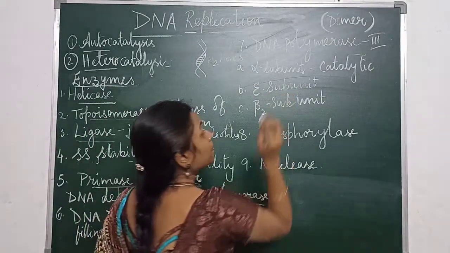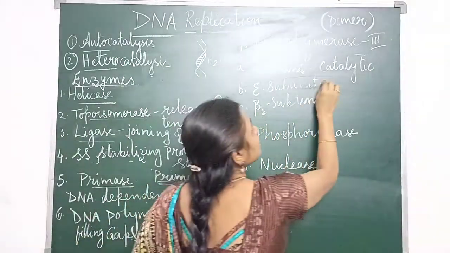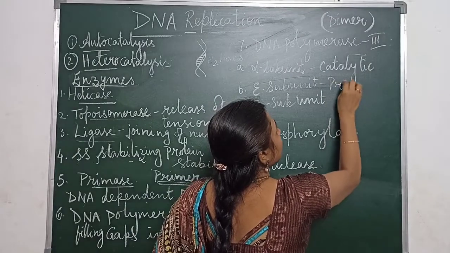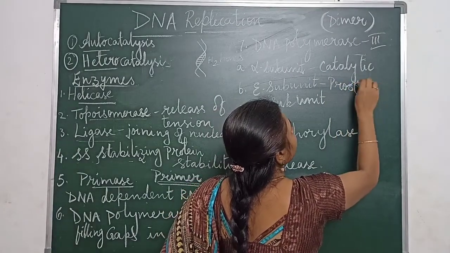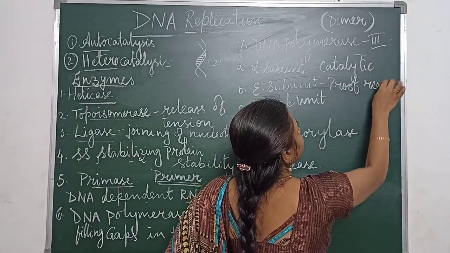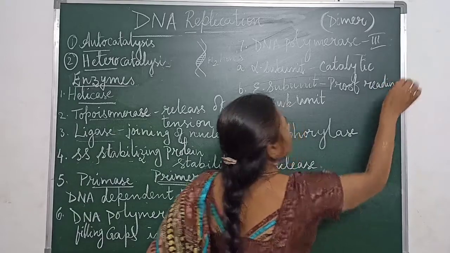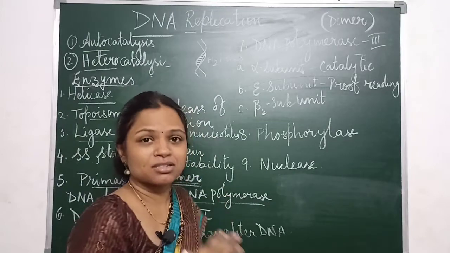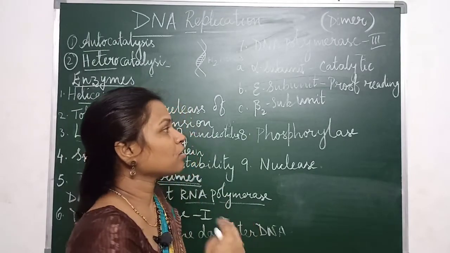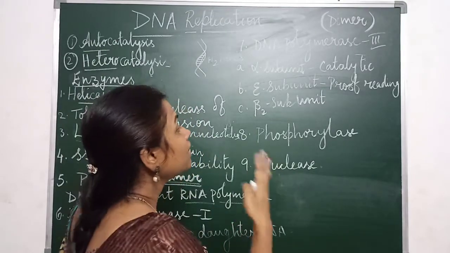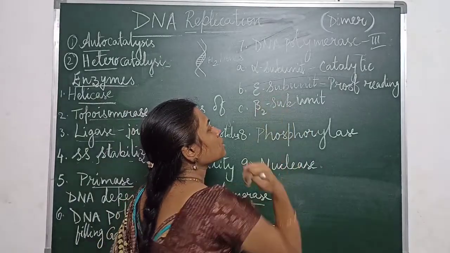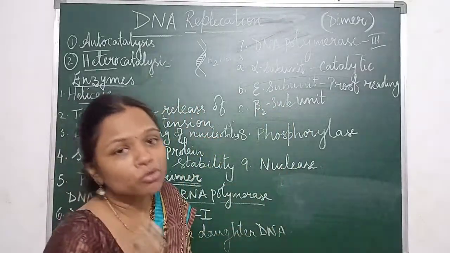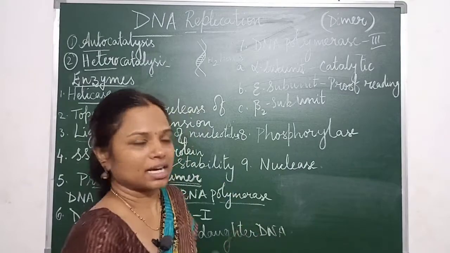Now coming to the epsilon subunit, this helps in proofreading. So anywhere some nucleotides are wrong or proper coding has not been done, this epsilon subunit proofreads and tries to correct it.